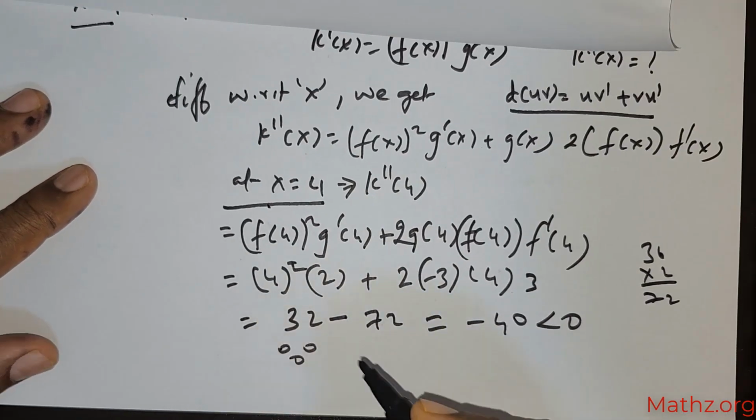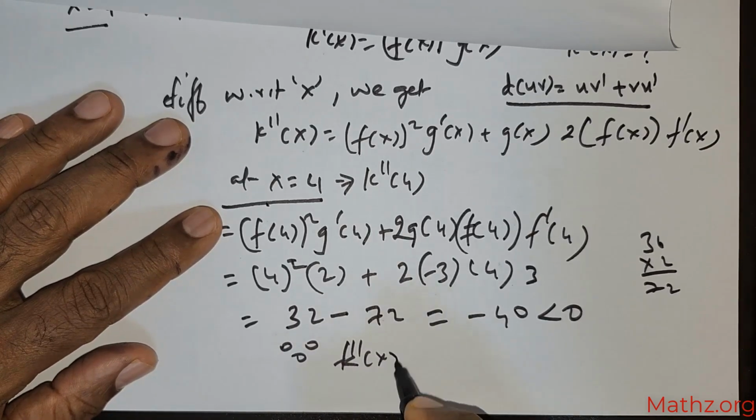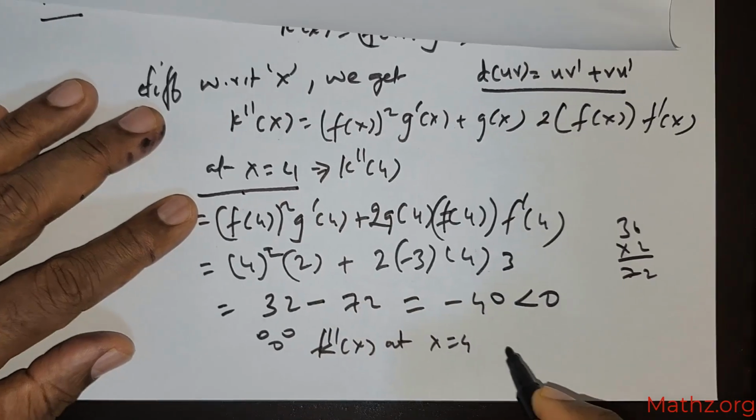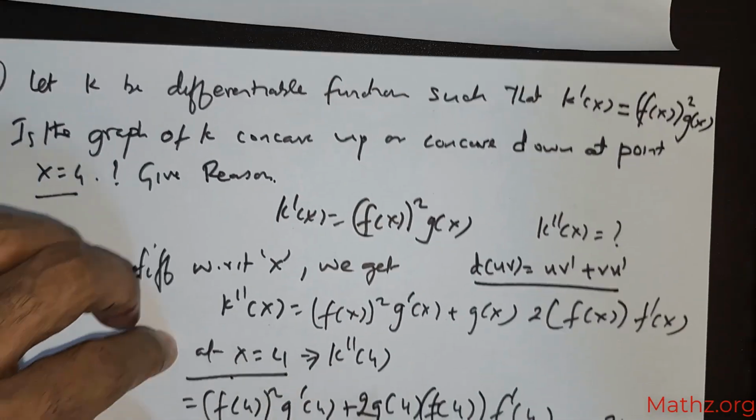So what is the implication? Since k double dash of x at x is equal to 4 is less than 0, what is the meaning of it?